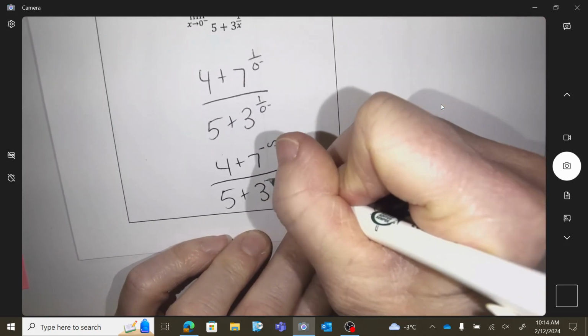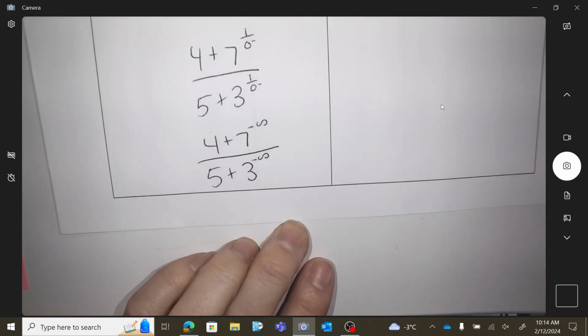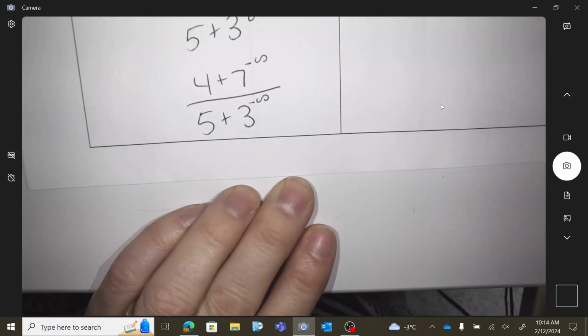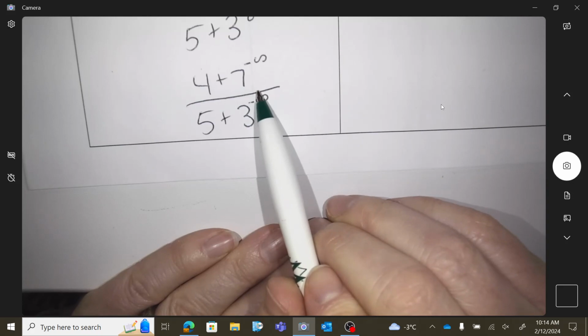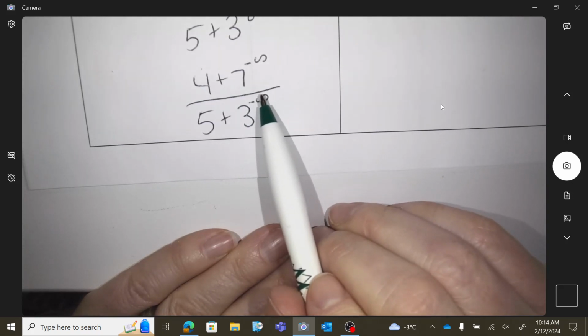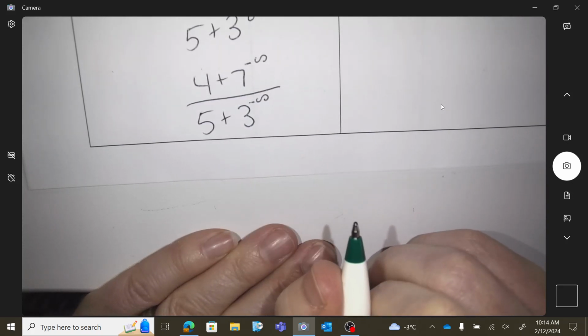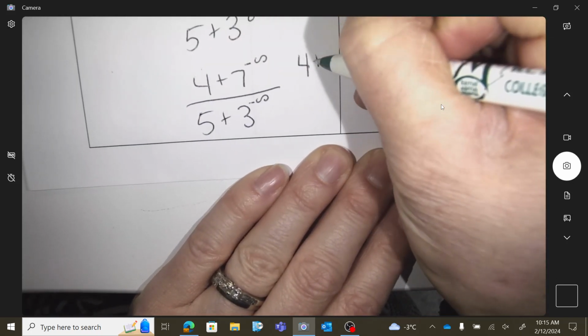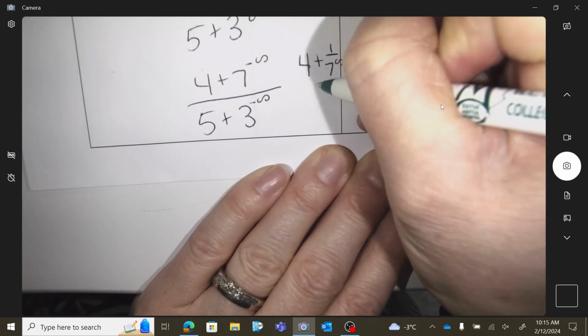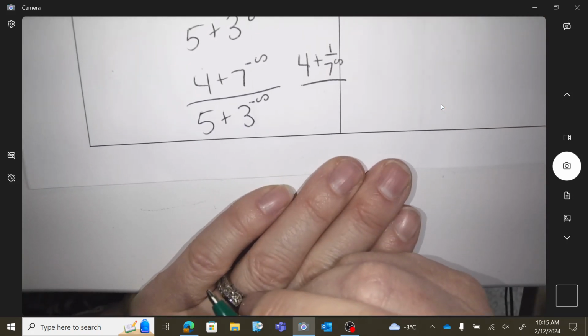Negative infinity, yep. Then what do you do with the negative exponents? What's the rule with negative exponents? They would have to change locations, right?